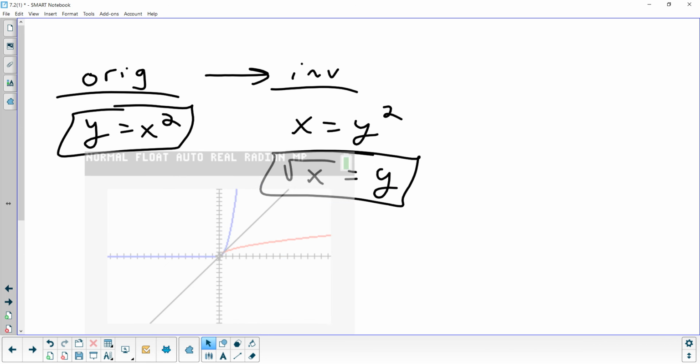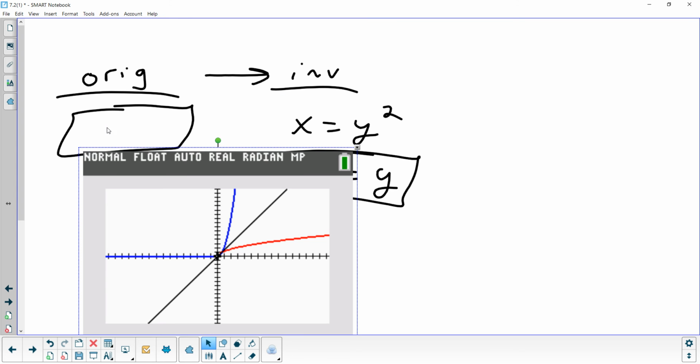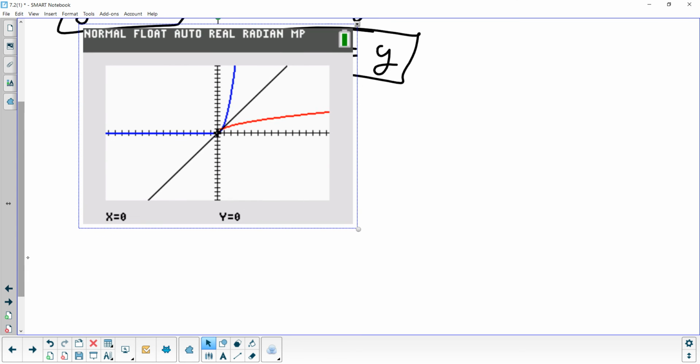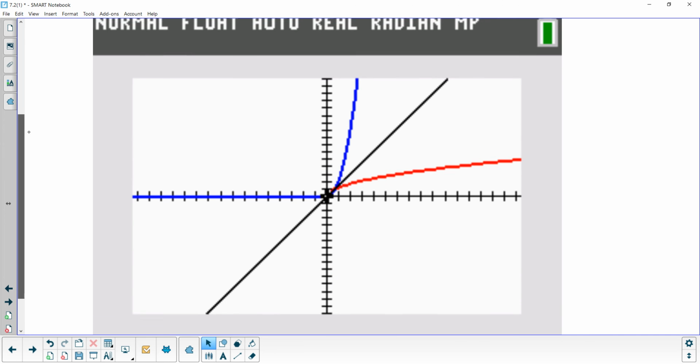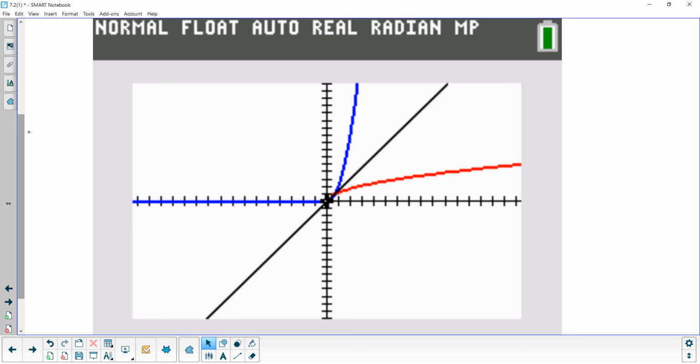Okay. So, if we take a look at that, can people see how, if this was like a piece of paper, and you folded it on that black line, that this graph in blue would land exactly on top of that graph in red? People see that? That's what it means for a function to be an inverse. It would be a mirror image reflected right over that line. This part, just ignore, there's nothing I can do to get rid of that, but it should be there.